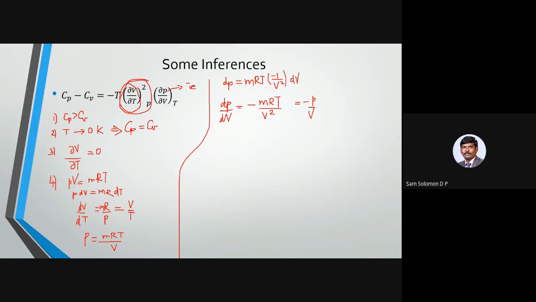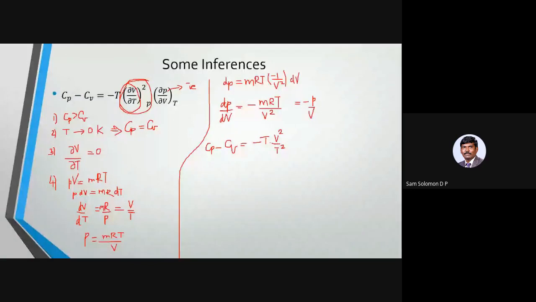Okay. So now if we substitute that in this particular equation, what you'll have is Cp minus Cv. Let's see which one is appropriate to substitute. So we have minus T multiplied by V squared by T squared.